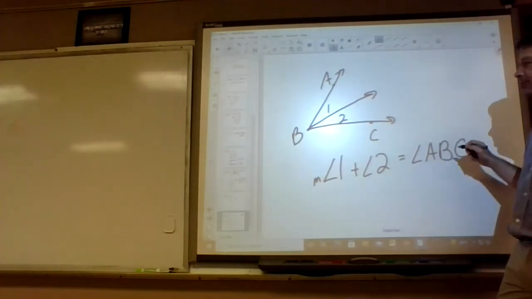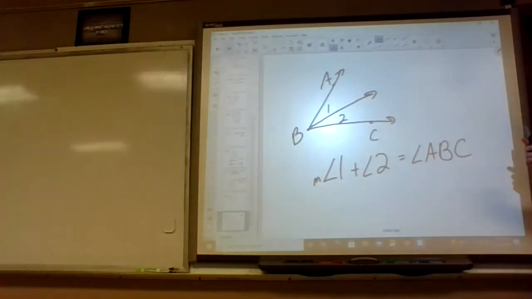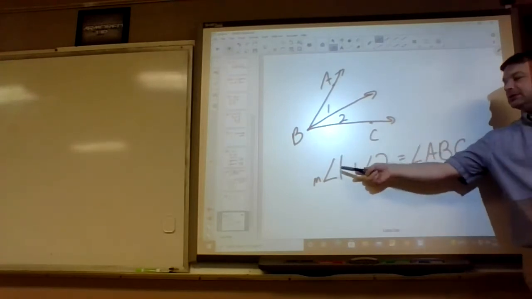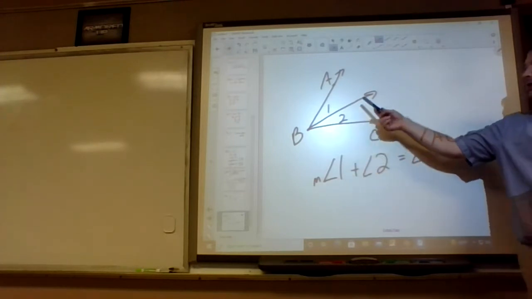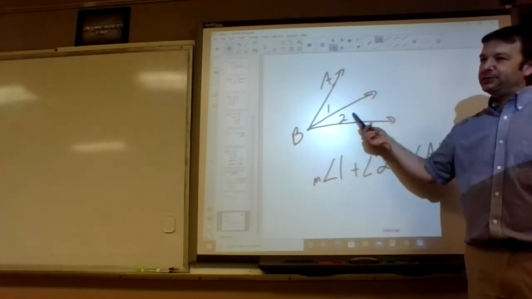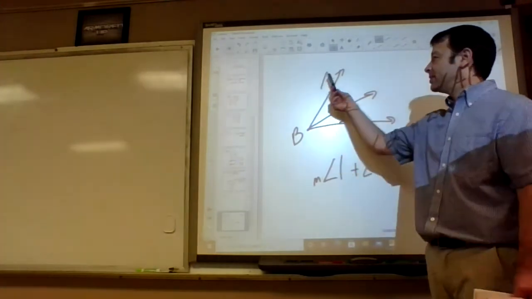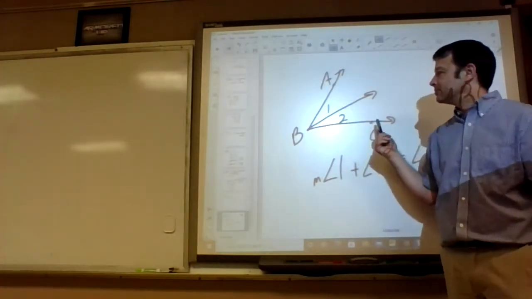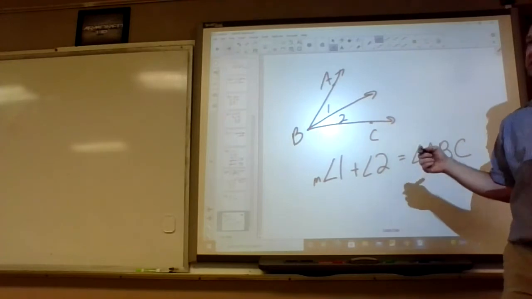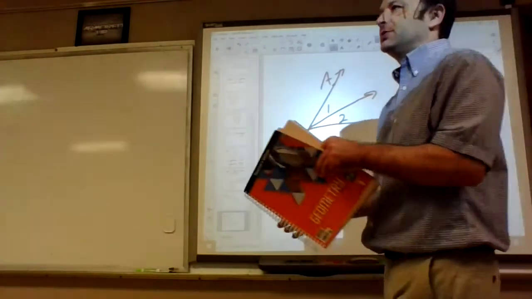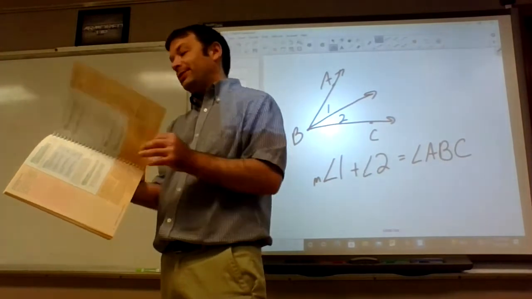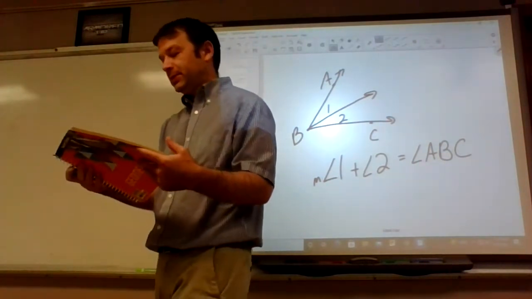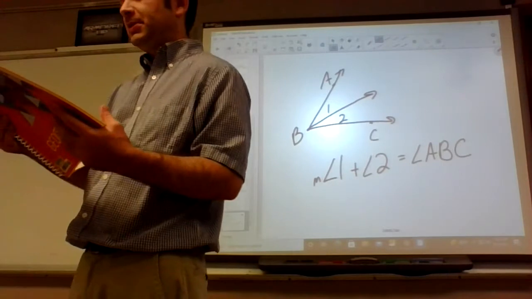I doubt you guys remember what I called that. I only referenced it once or twice. It's called the angle addition postulate. So if you have two adjacent angles, you add them together, they equal the big angle. Okay, angle addition postulate. That's something we need to know. No, we're not going to use abbreviations.